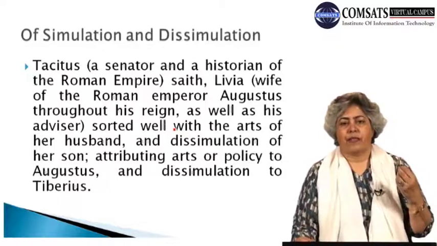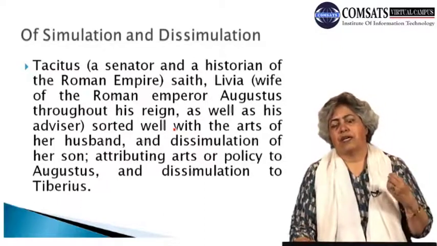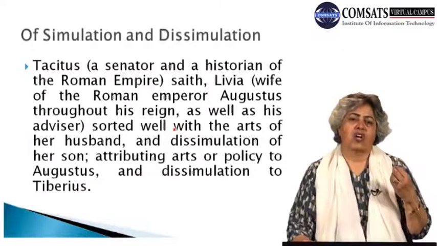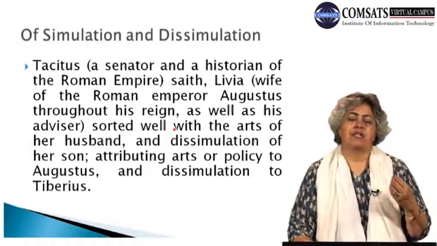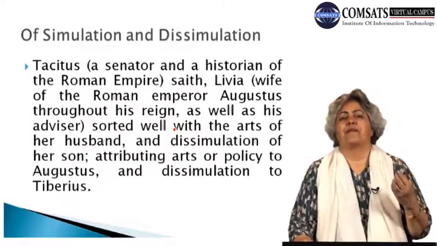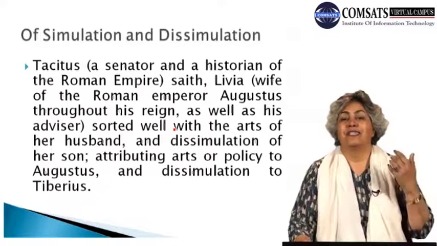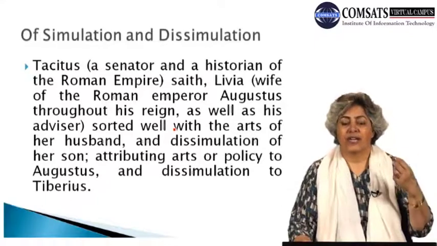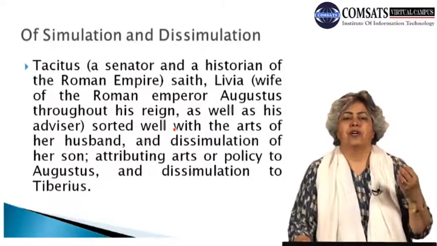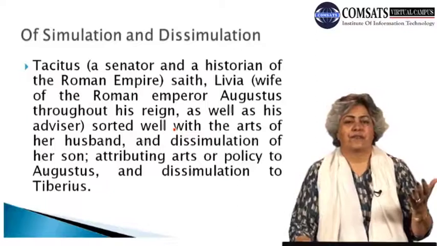So the reason why Bacon brings in this reference to Augustus Caesar and Tiberius is that both of them were dissimulators, or as he calls them, dissemblers. They pretended to be what they were not.